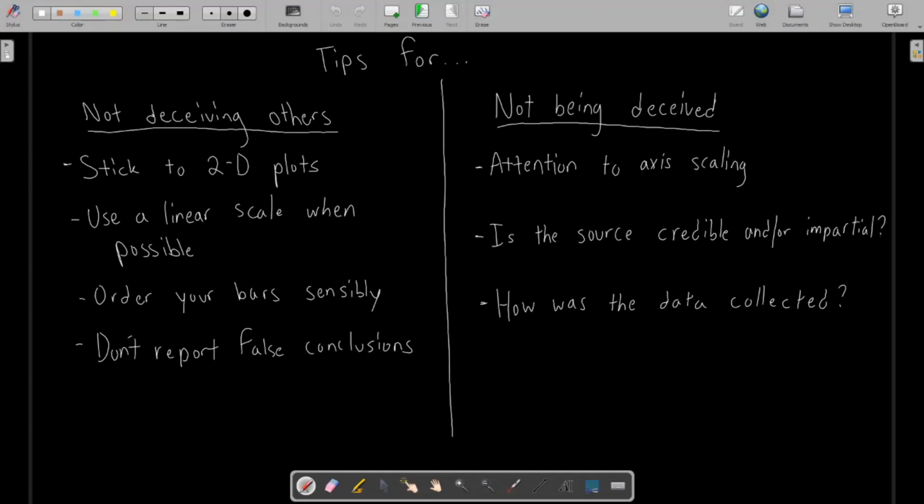If something is twice as large in count as something else, the viewer should be able to see that and it should look twice as big as the other category. Order your bars sensibly.